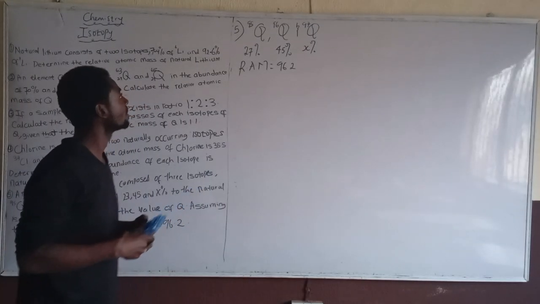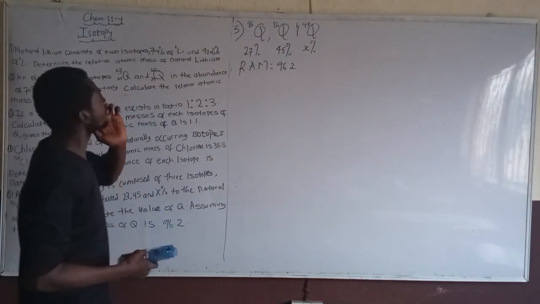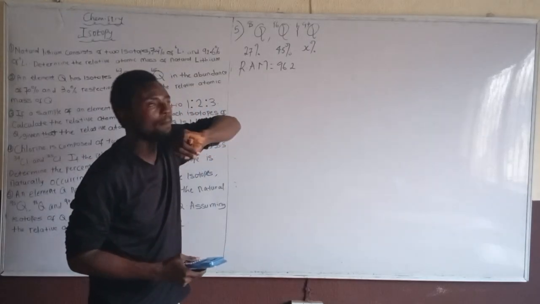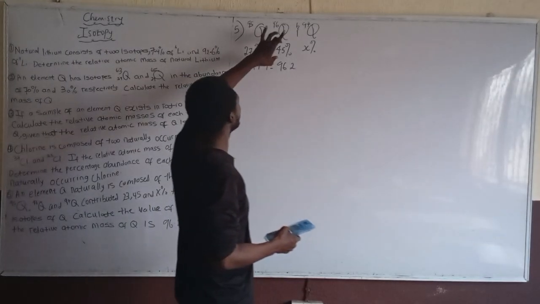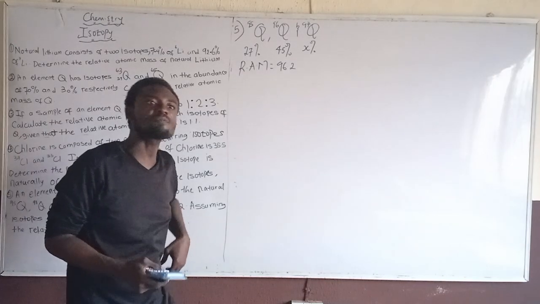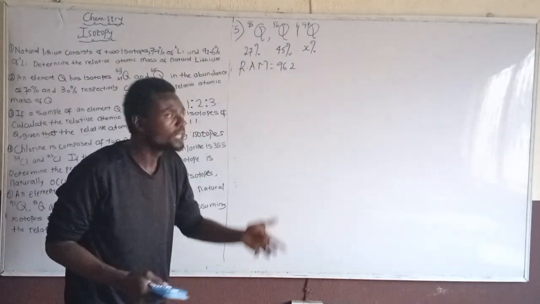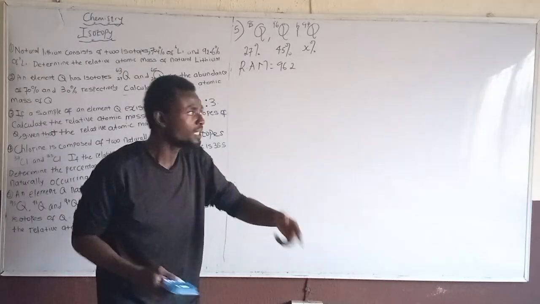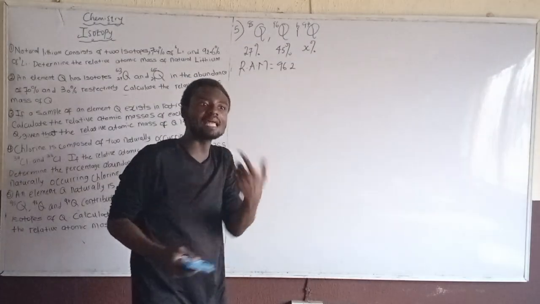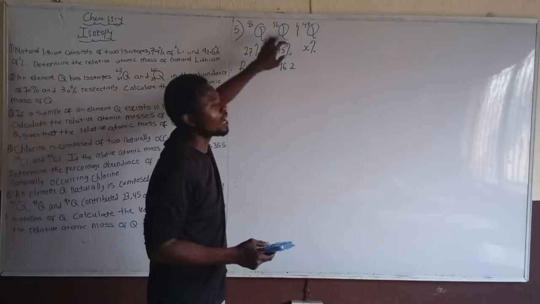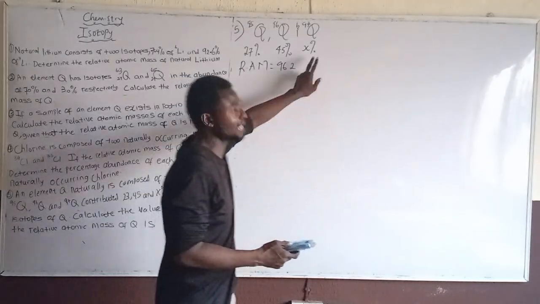Now, I want to solve this. Here is 95, 96, 97. And their abundance are 27%, 45% and X%. Now I'm going to solve it. After solving, then I will confirm if I add these ones and I subtract from 100, then will give me this. Because we said earlier that percentage is over 100.